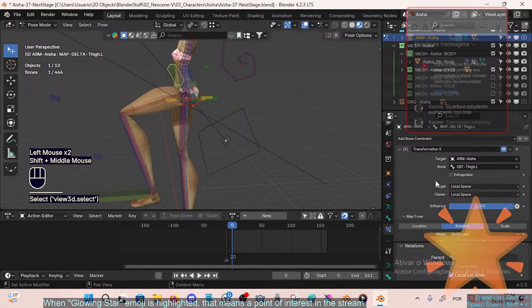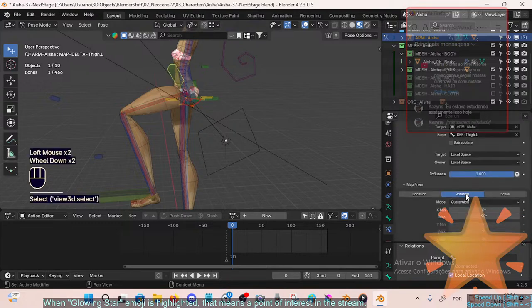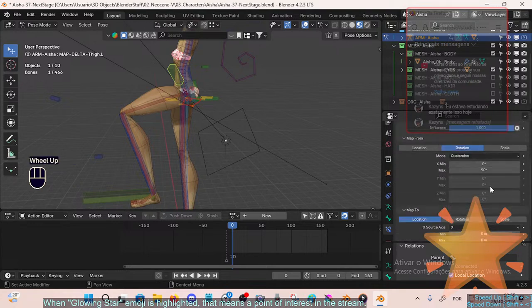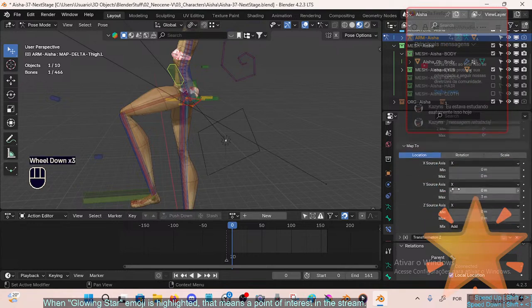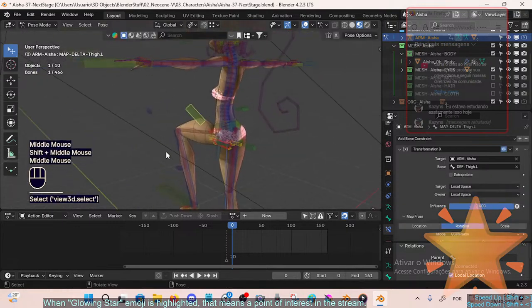The bone is not responding because it takes the min and max x rotation from the type bone, the target, of the bone constraint, and then it transforms it based on the x sources there that I picked. So the y-axis will move 3 meters to 0, so that will do this, right, local space stuff, right?